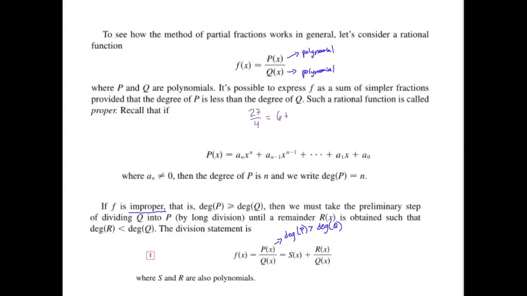What's remaining? 3/4, right? So it's 6 3/4. Does that make sense? We call this an improper fraction because the numerator is larger than the denominator. And then I can create a mixed number, basically, by doing division, right? Same idea with polynomials. If you have an improper polynomial, you can use polynomial long division and rewrite it as your quotient plus your remainder over your divisor.